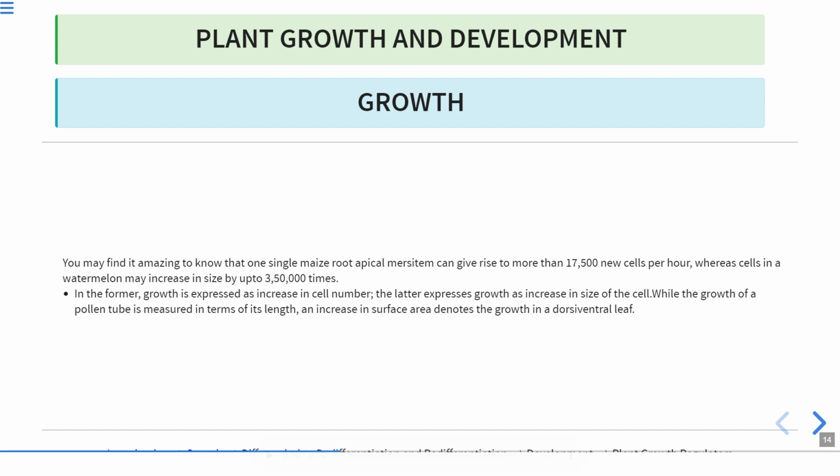Okay, so again you place that same leaf on the graph paper and again take the area of that. So you see that there is an increase in the area. Okay, an increase in surface area also denotes the growth in the dorsiventral leaf.